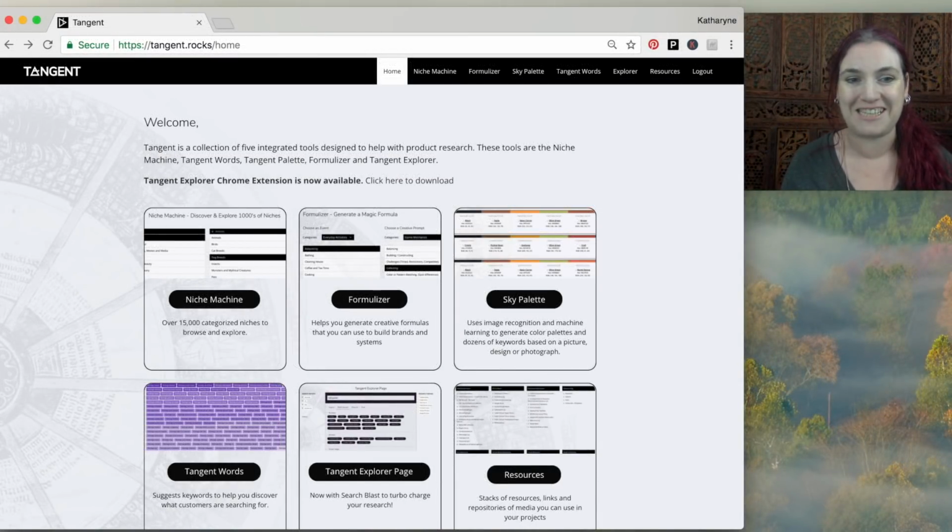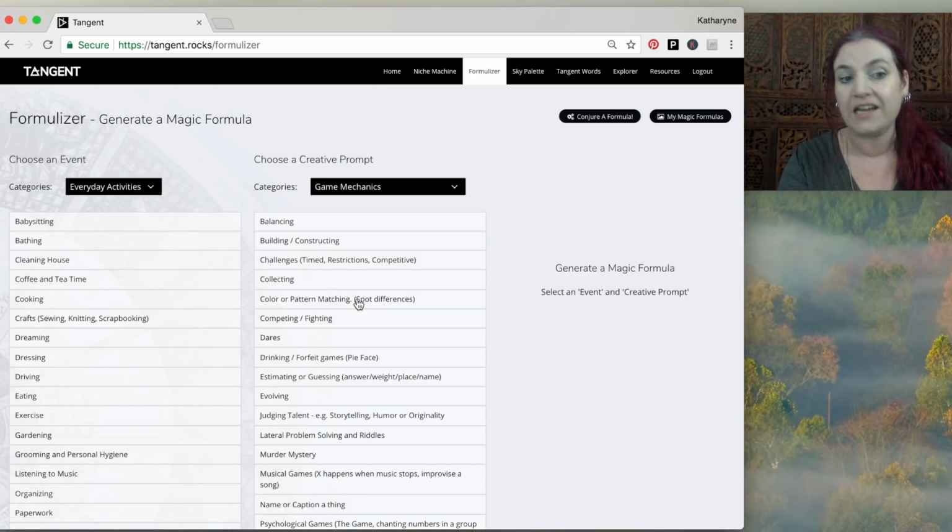Now, the next question I have to answer is, what is a magic formula? Because if we click through to the Formulizer, you can see that the first thing it says is generate a magic formula. Well, last year I created a course called Magic Formulas, and the concept behind it was that there is a way of structuring information that puts it in a way that people find really palatable.